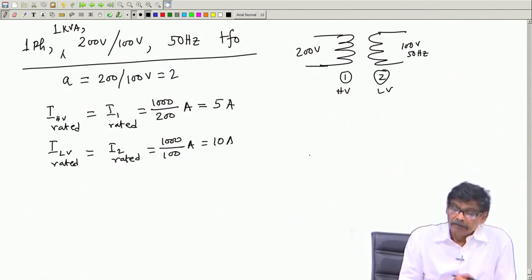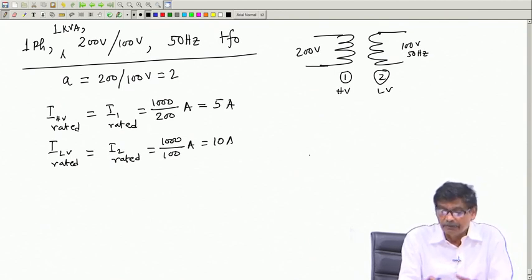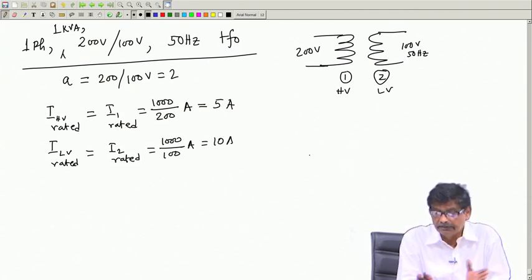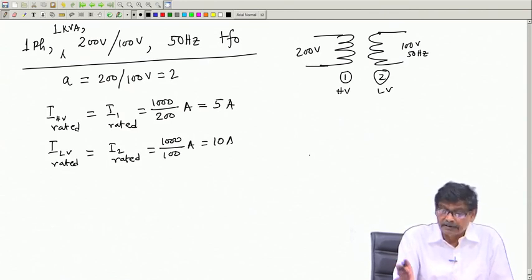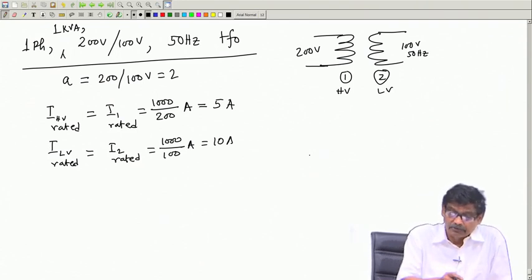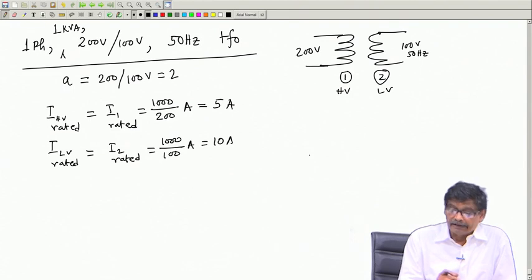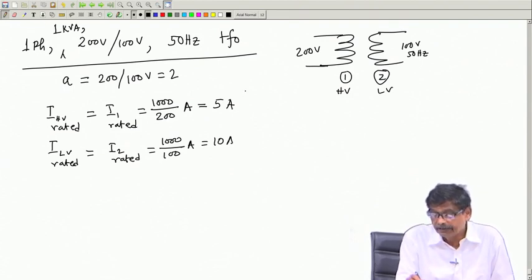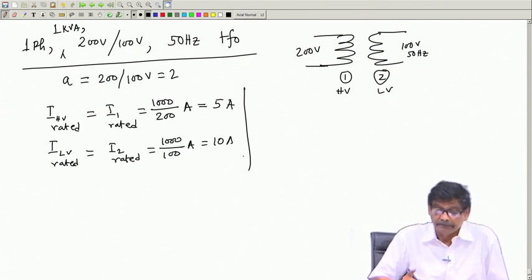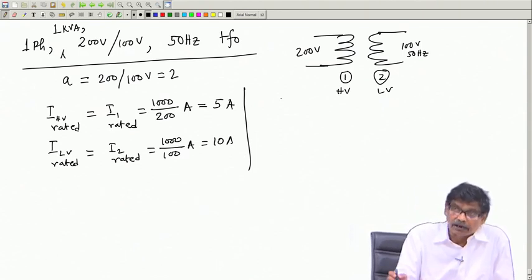So, given the transformer rating, we know about these numbers. What is the turns ratio I can make out? Calculate the rated current that can be allowed to flow through the HV winding and through the LV winding. kVA remains the same approximately.